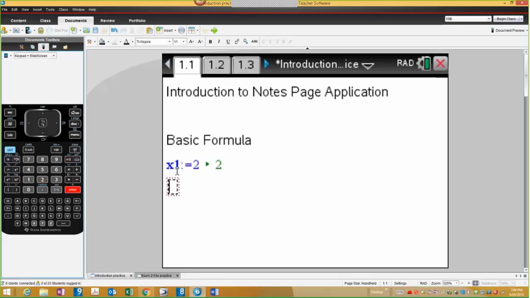As you can see, the variable x1 is highlighted in blue. I will now find y1 the same way.